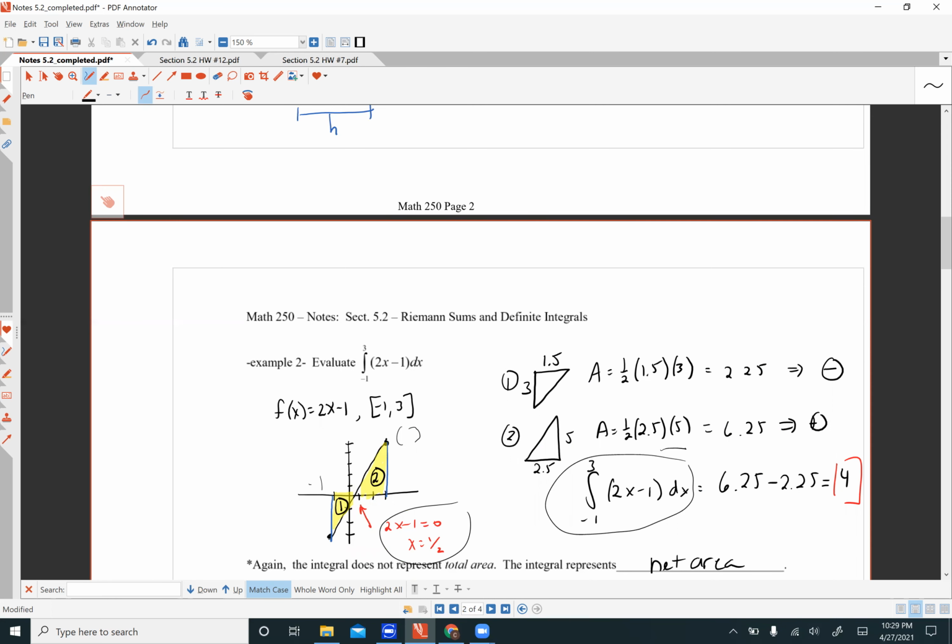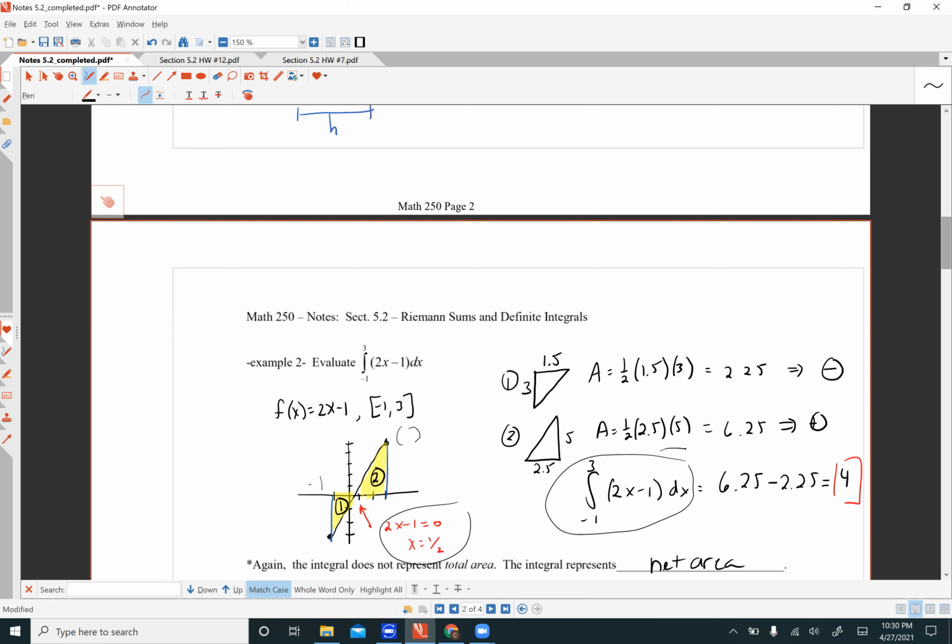You subtract off the negative area, which is 2.25, and you get a total net area of 4. If you actually wanted the total area, you'd have to break this up into 2 parts, which we did. But we're going to learn in the next unit how we can do this all in one piece.